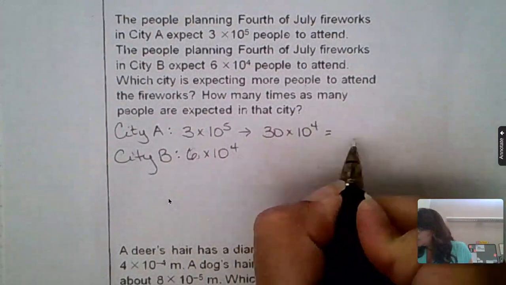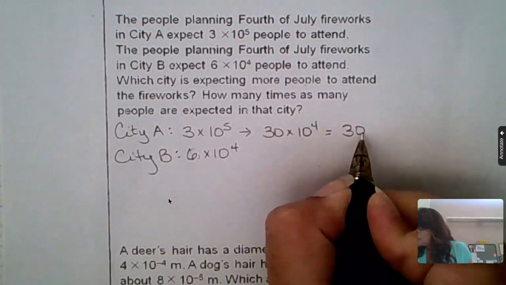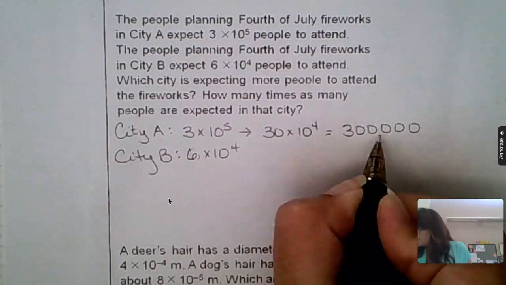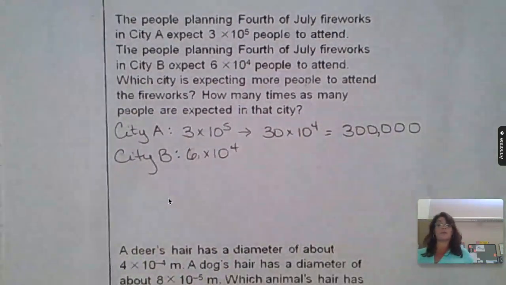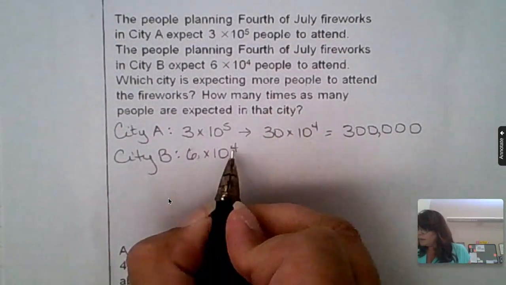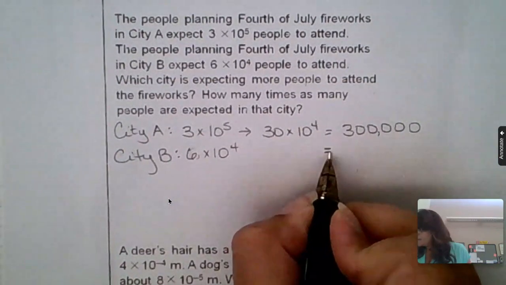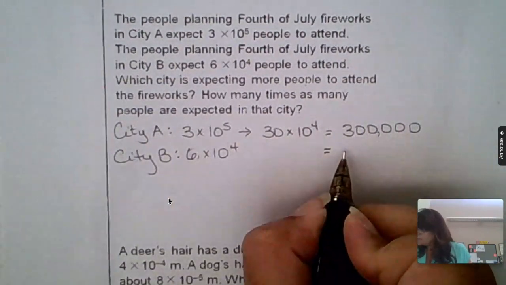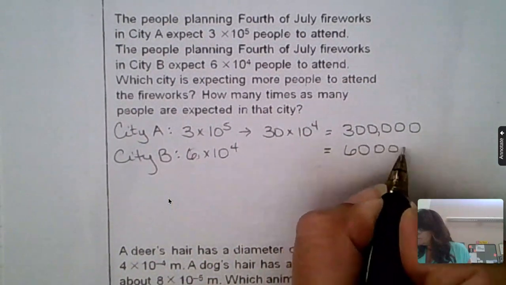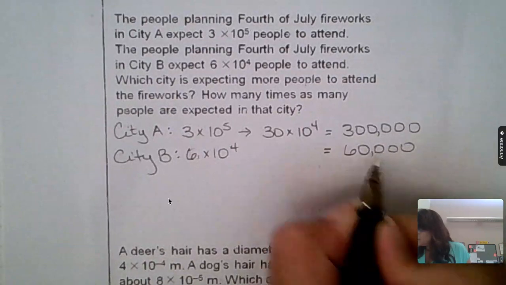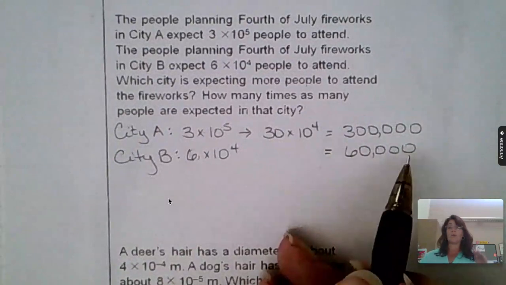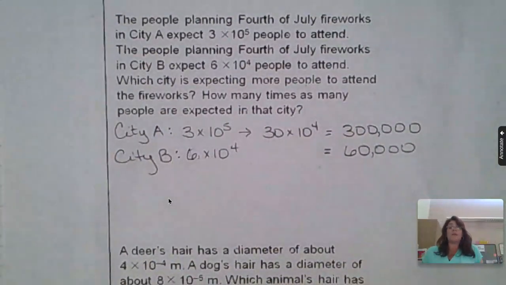And that equals 300,000 people. City B, okay, is already in the 4th power. It equals 60,000 people.